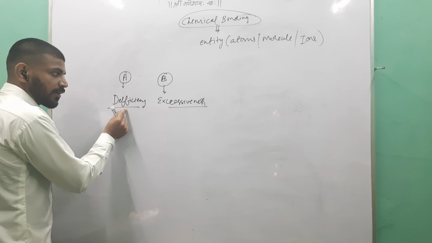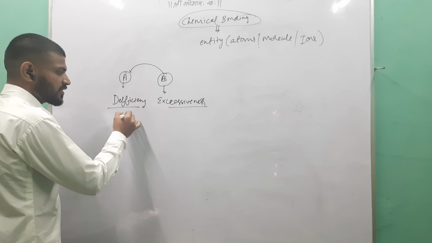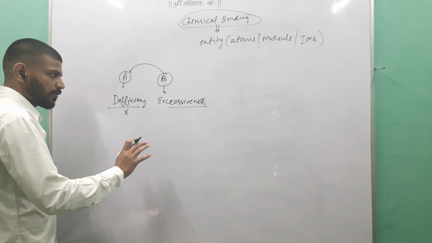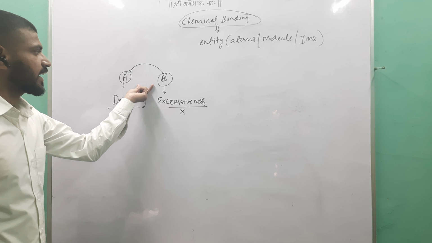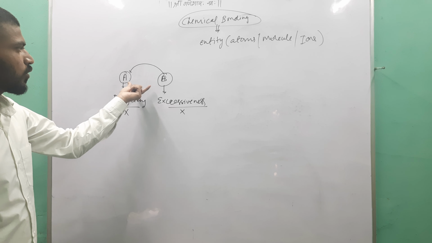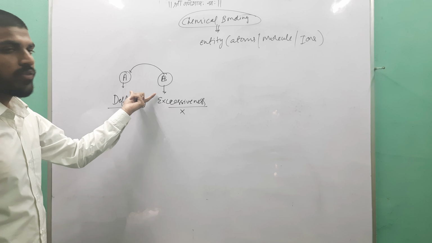Atom A wants to neutralize its deficiency, and atom B wants to neutralize its excess. So atom B will donate to atom A, and atom A will receive from atom B. In this way, their deficiency will be lost and their excess will be lost, and both atoms get connected by their requirements.